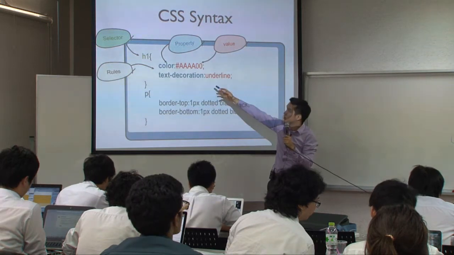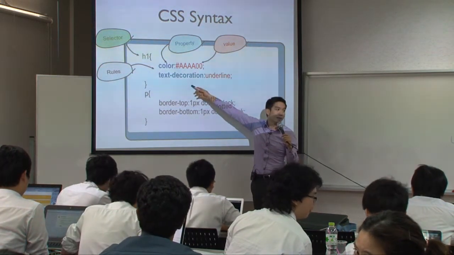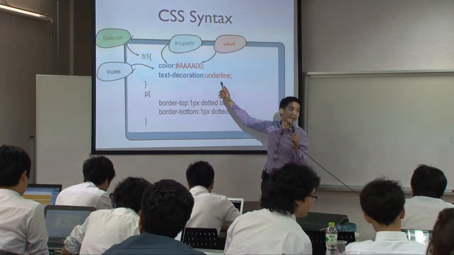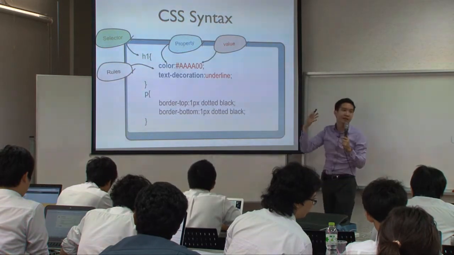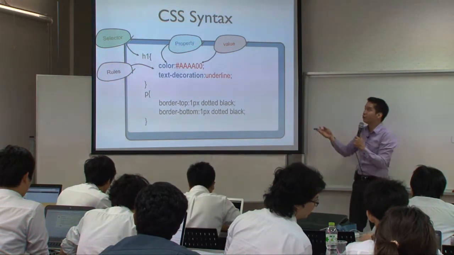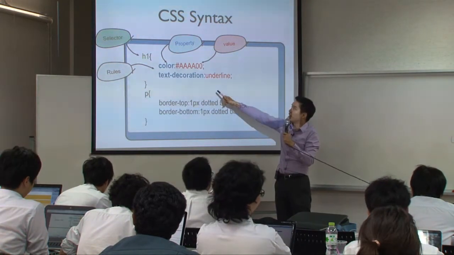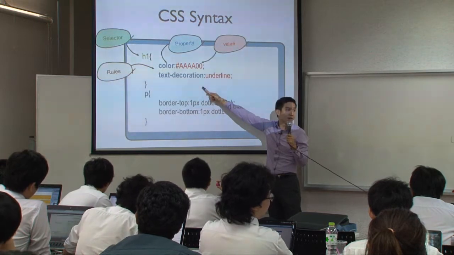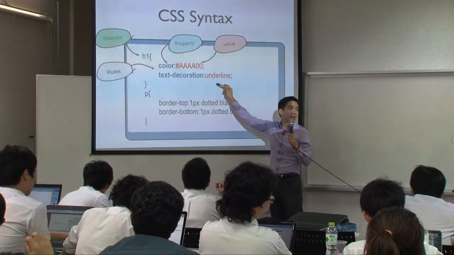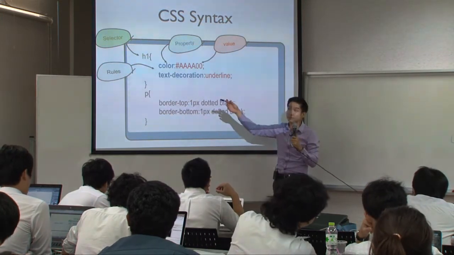Okay. So how about text decoration? This would be the property, and then this would be the value that you want to apply, right? Simple enough. You can apply background color, right? If you wanted to change the background color for H1, then you would have background as the property, colon, followed by the value of whatever background color you want to have applied to H1.